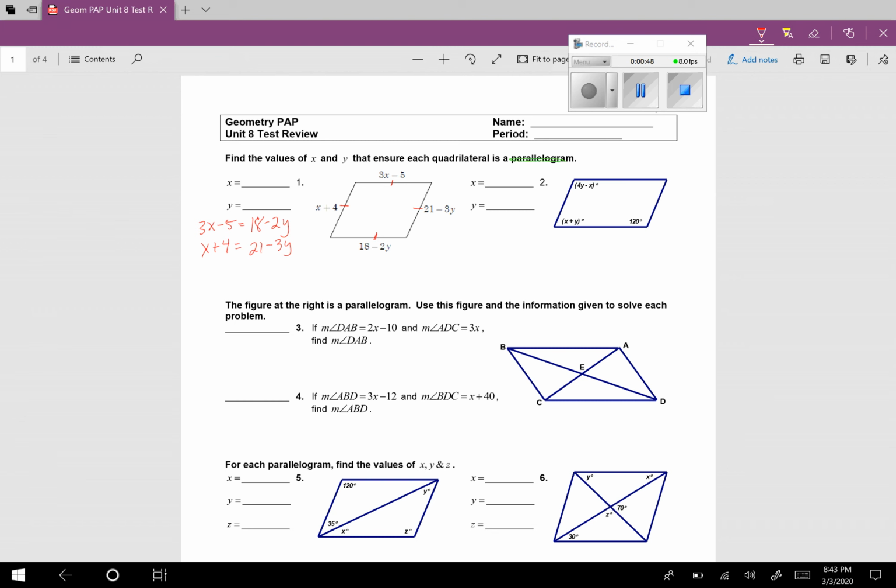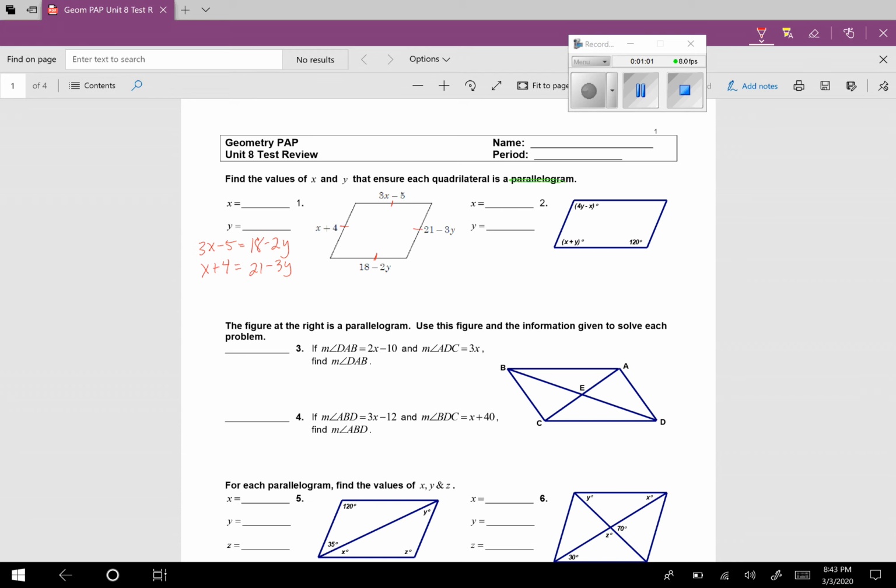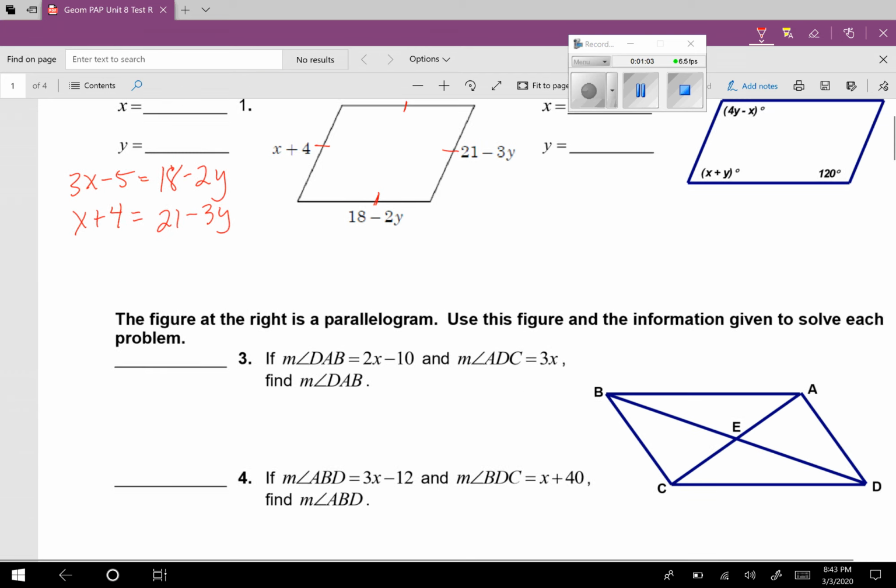Okay, what I'm going to do here is I'm going to get all of my variables on one side and my constants on the other. So I'm going to rewrite these here. Let me zoom in some.